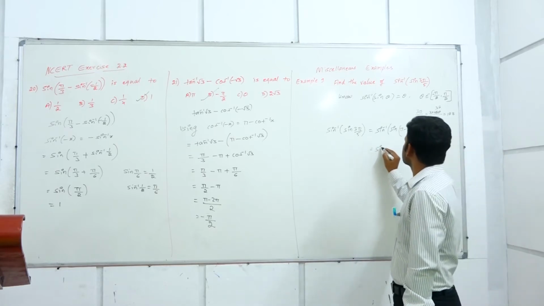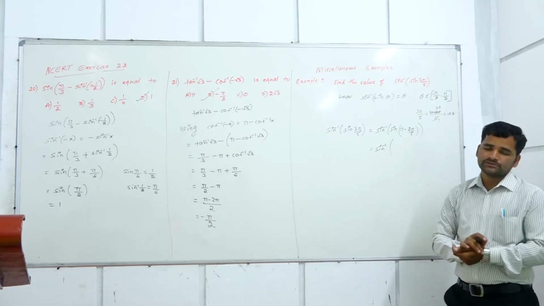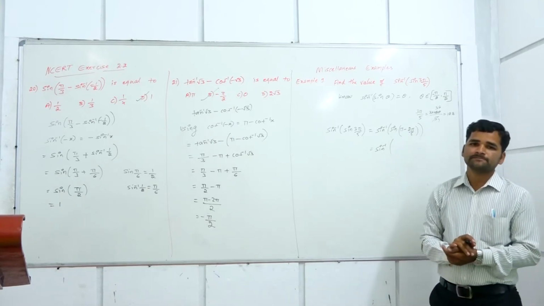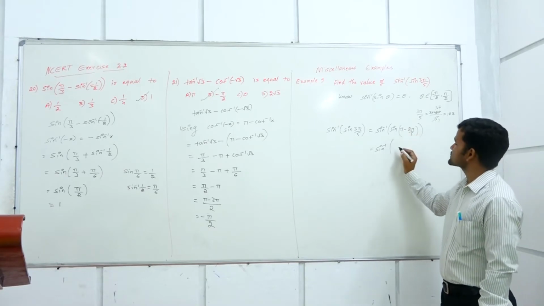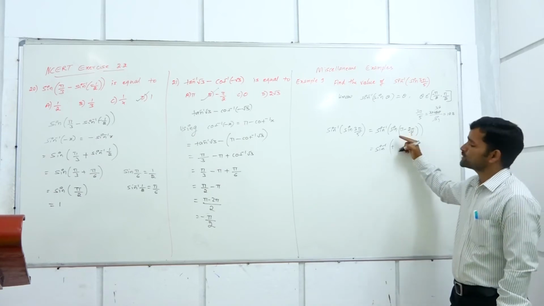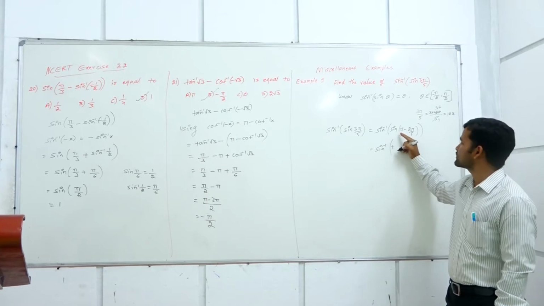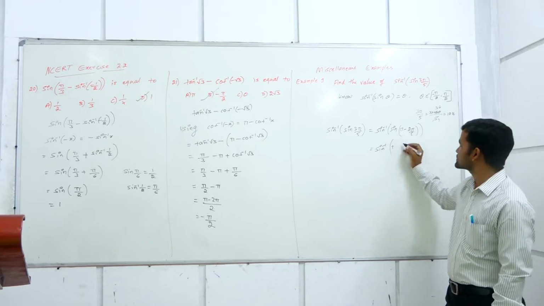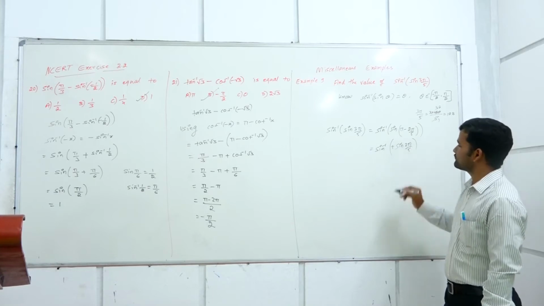We have sine inverse of sine of pi minus 2 pi by 5. Pi minus 2 pi by 5 means it comes to the second quadrant. In second quadrant, sine is positive. Put positive sign here. No need to change the trigonometric function. Trigonometric function will be sine only again, because here 180, even number of 90s are there. Sine of 2 pi by 5.